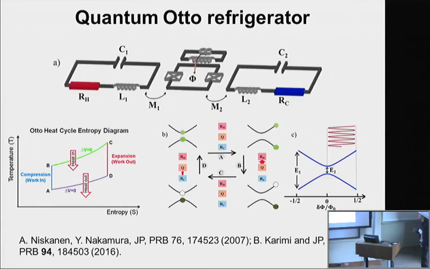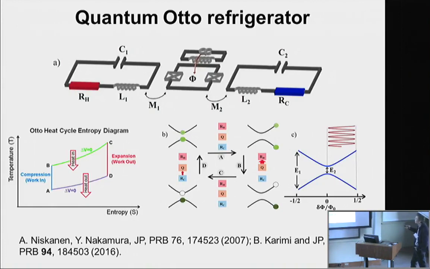So the idea of the refrigerator is shown here. It is a qubit, which can be a transmon qubit or a flux qubit, and the level spacing between these 2 levels is varied by this magnetic flux. Then it is coupled by mutual inductance or by capacitance to 2 cavities or 2 LC resonators which embed a bath made out of these resistors.